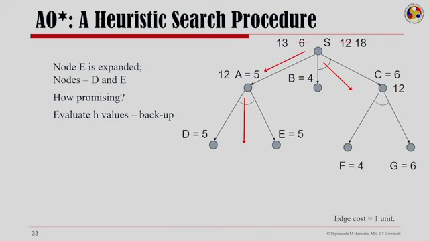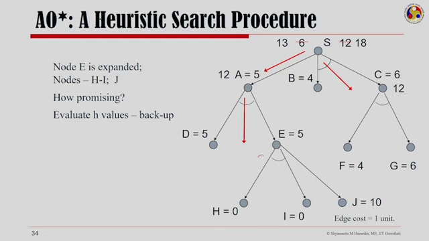Let us say at this point we expand node E. Now, node E has two 2-connectors leading to H and I and a 1-connector leading to J. So, if you look at which way to follow at this point of time, you will realize that the cost of the 2-connector is 0 plus 0 plus 2, which is 2, and the cost of the 1-connector going to J is 10 plus 1, which is 11.